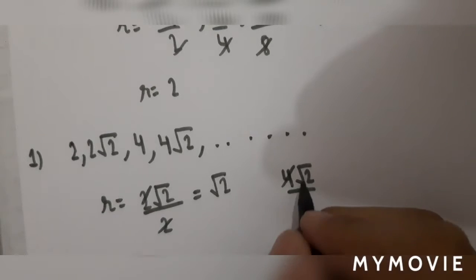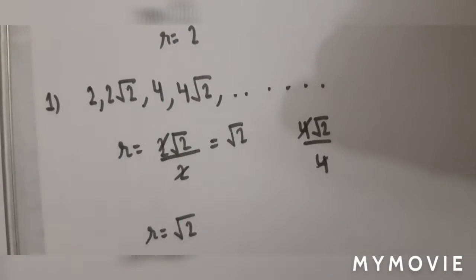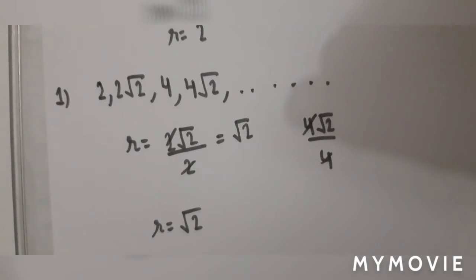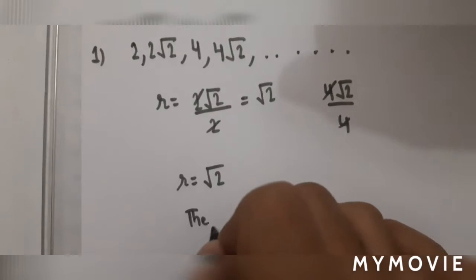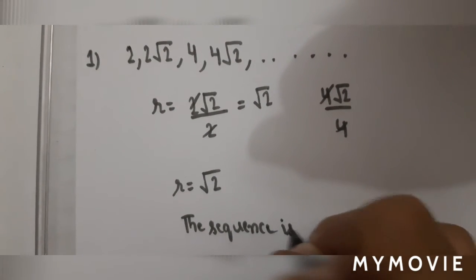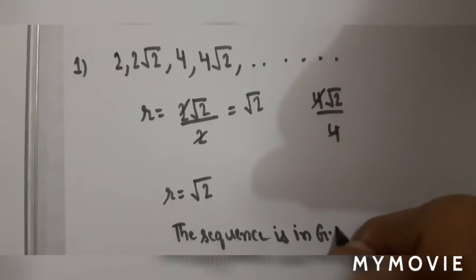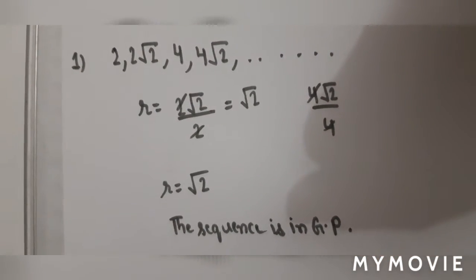So the answer remains root 2. The answer remains the same, so the common ratio is root 2. So this sequence is in GP.